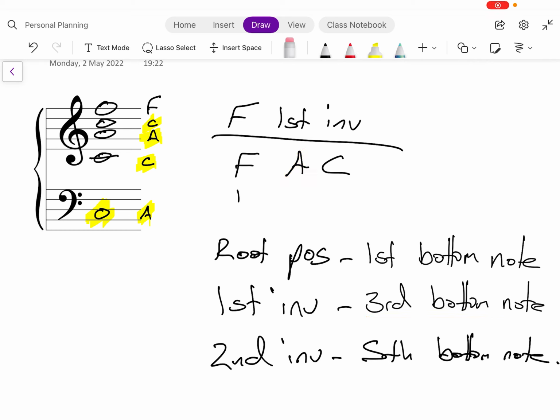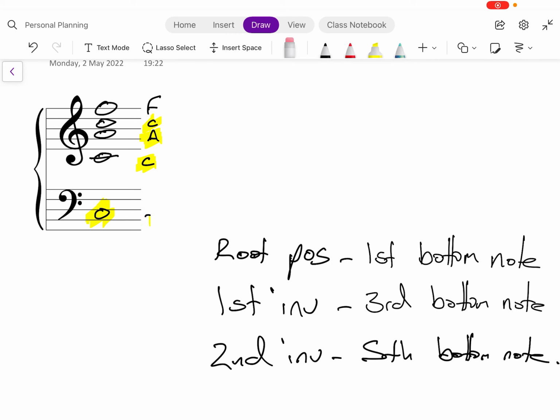Let's do one more. Now this time we're actually going to have a 7 chord, okay? When you get a 7 chord in this situation, you still just treat it like anything else when you're working out the root position, the first inversion, or the second inversion. The bass note's only ever going to be the first, third, or fifth. It's never going to be the 7th note, okay?